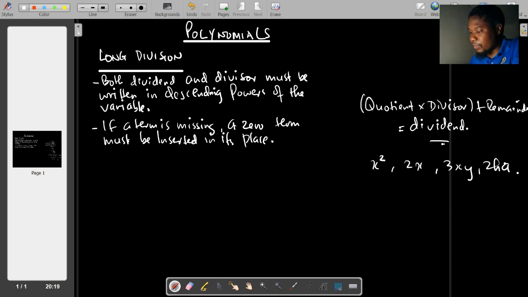These ones were just single terms. Sometimes they had two variables in them, sometimes one variable. And these ones were called monomials. Maybe that's not the name you were using in JCE, but that's what they're called.